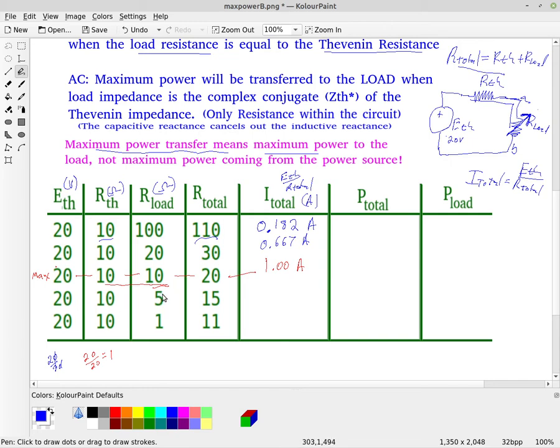In the next case, let's say our load is half of R Thevenin, so our load is 5 ohms. Our total resistance would be 15 ohms, so we have 20 volts divided by 15 ohms, which gives us 4/3, or 1.33 amperes.